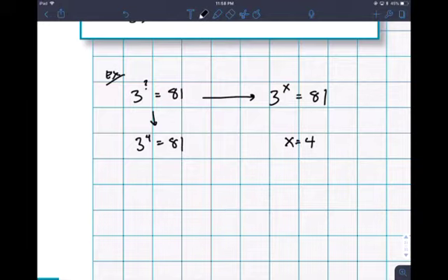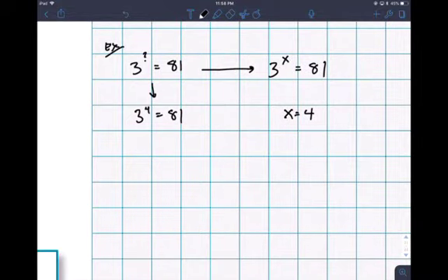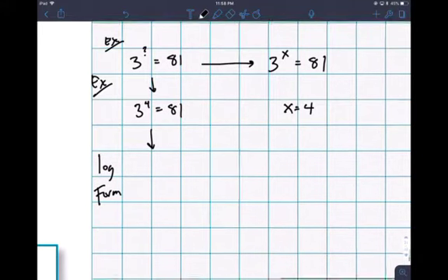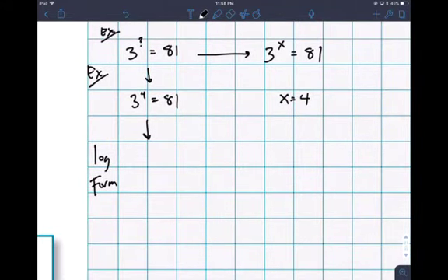So the same thing here with the log. So this is in exponential form. So what happens if I have this in log form? What happens if I write this in log form will be log base 3 of 81 is equal to something. I don't know what that is.